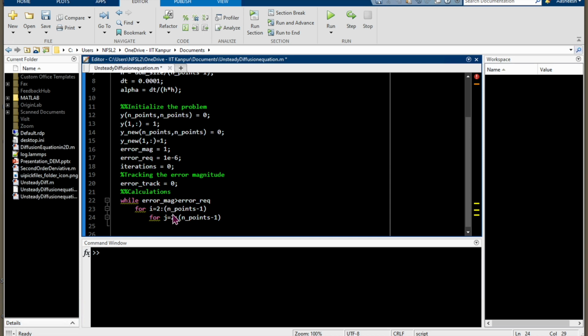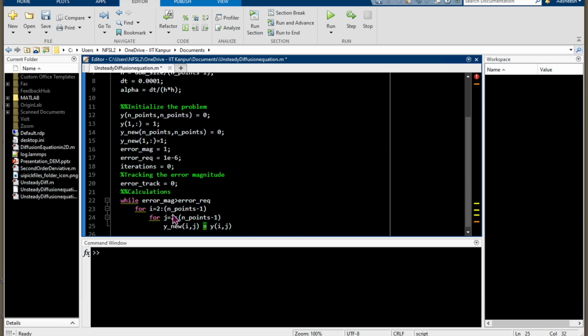Then I need to write my y new value. Y new will be what? As we have discussed in the previous lecture, y new will be y i comma j, and then comes the alpha part.